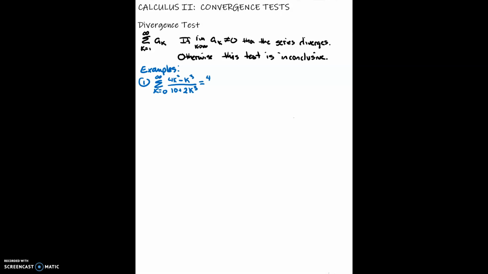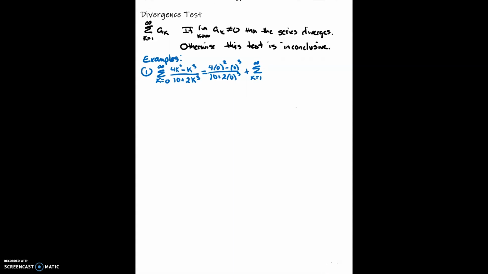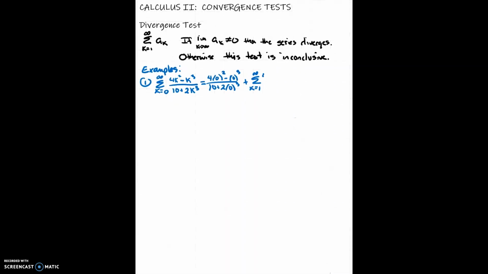If I replace all the k values with 0, replace the k's with zeros, you'll notice after that, I'm going to start this summation at 1, but everything else stays the same after that.